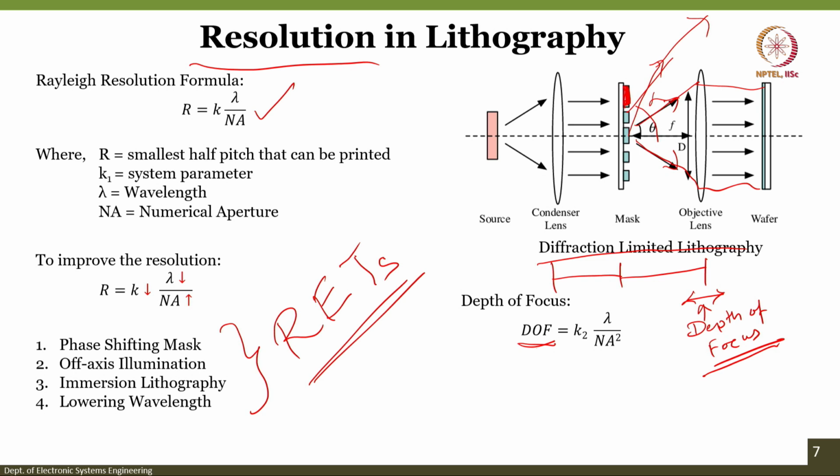Another point is off axis illumination. Currently, if you see, all these waveforms are normal to the mask. So this is a normal incidence. But what if I do some magic here and instead of this it will be like this? That will affect my k parameter. I will write it here.